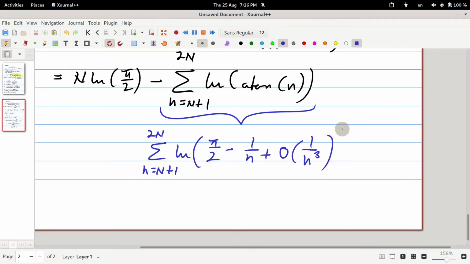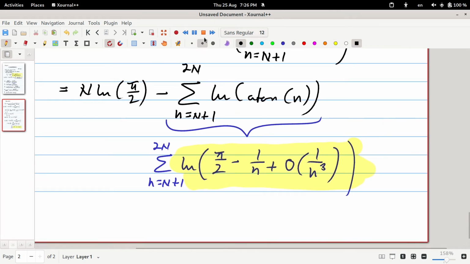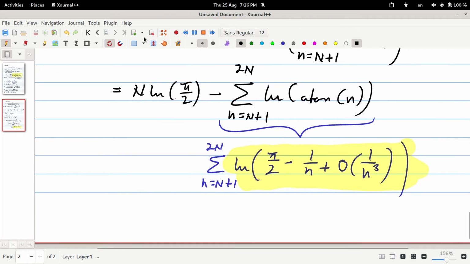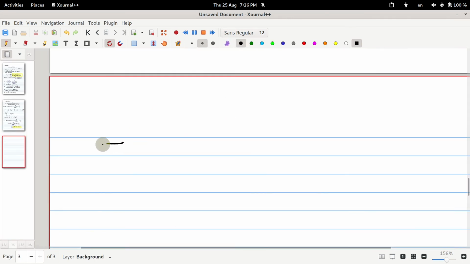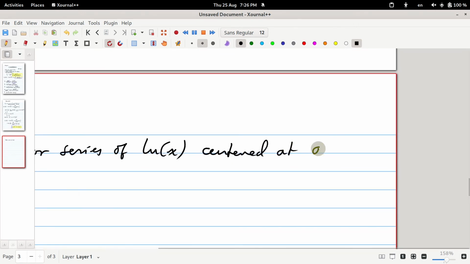How do we reduce this into something we can work with? Well, the answer is, again, Taylor series. We're going to take a look at the Taylor series for ln of x centered at a equals 1.